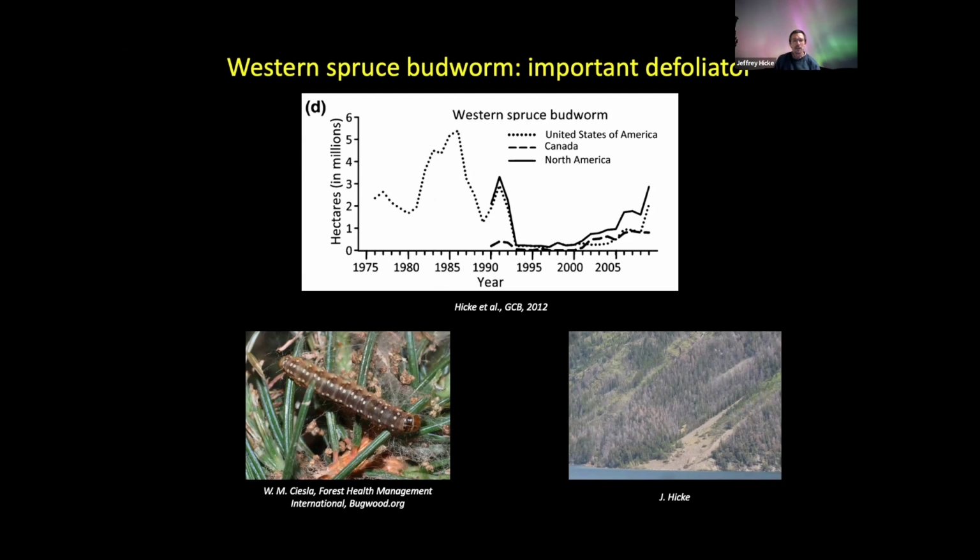I'll just note that like many defoliators, these insects don't necessarily cause mortality, but with heavy defoliation over multiple years, the trees can die. So the hosts here are mainly Douglas fir, but many different conifers are actually hosts as well.